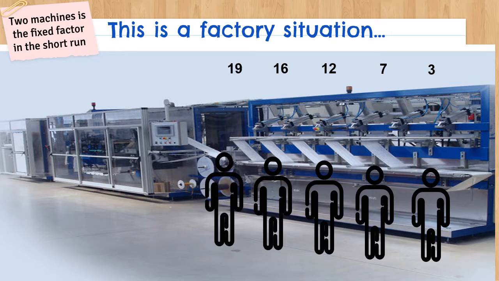Still, the producer wants to produce some more in the short period, so he employs another unskilled laborer, and together the five of them end up producing a total product of 19 units.